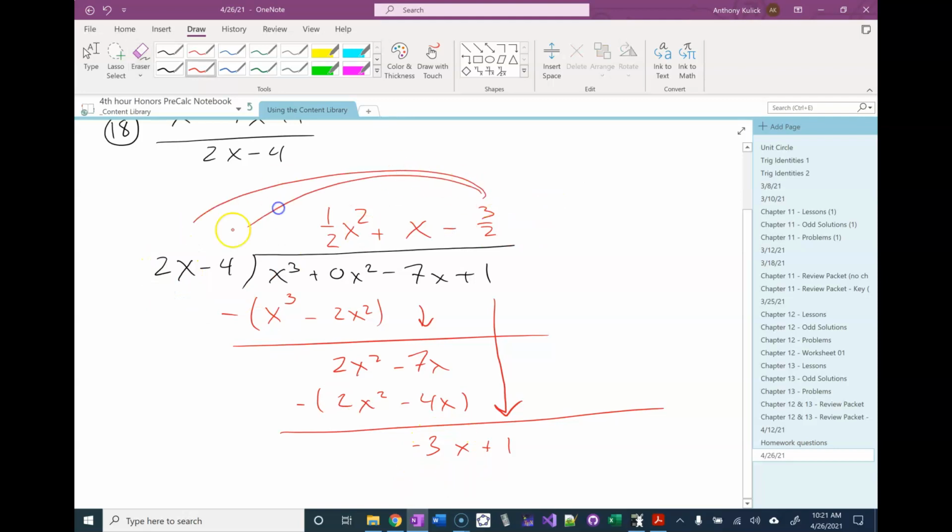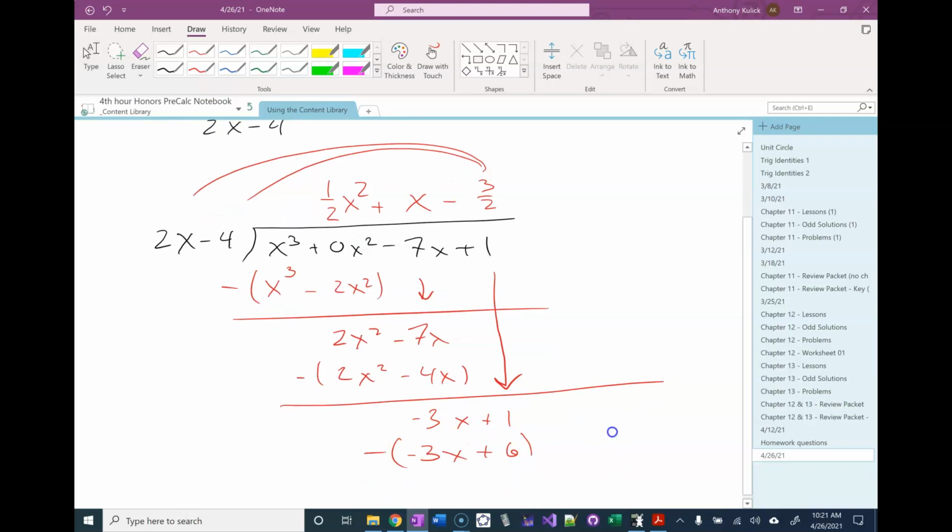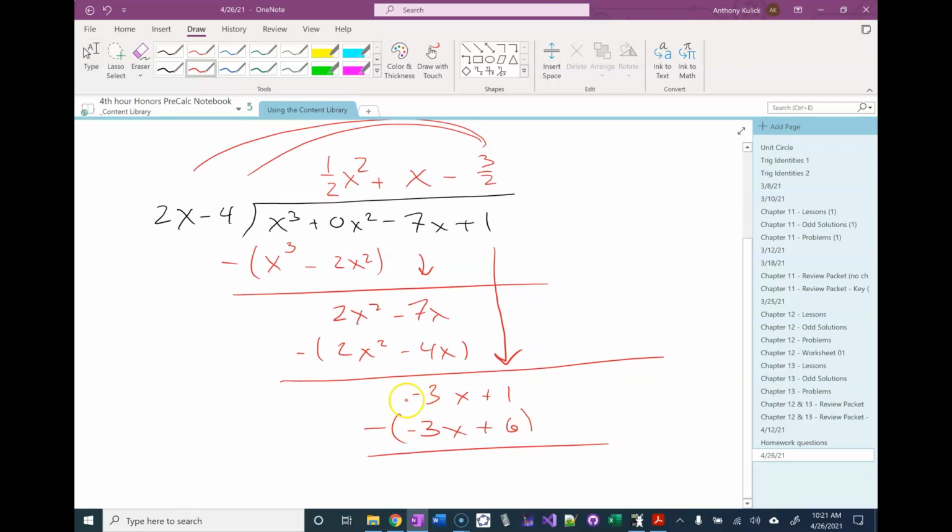So I distribute that. So I have negative 3x plus 6. And then subtract down. So negative 3x minus a negative 3x is 0. 1 minus 6 is negative 5.